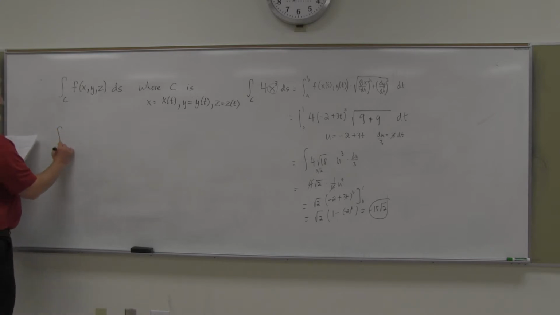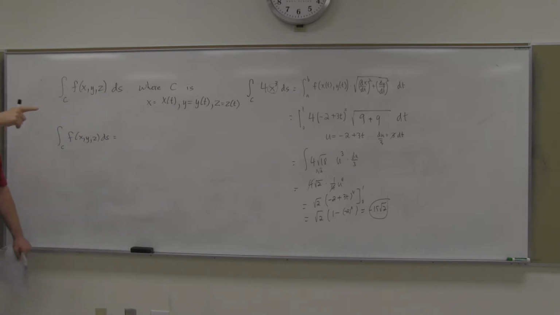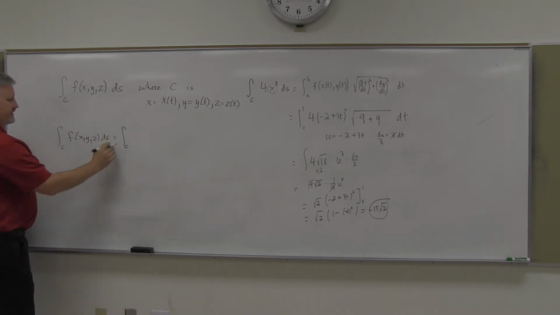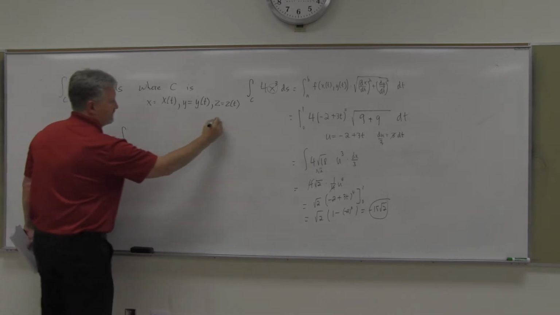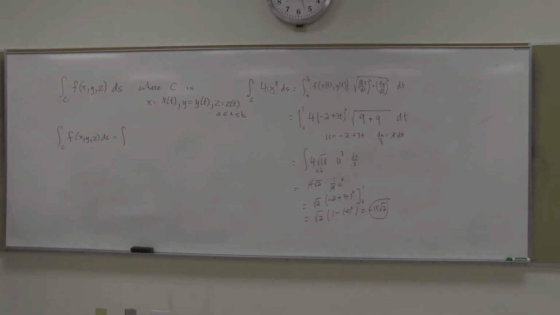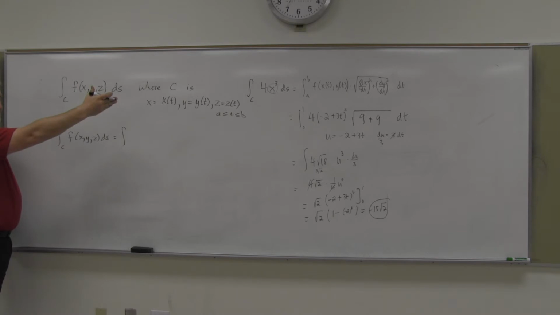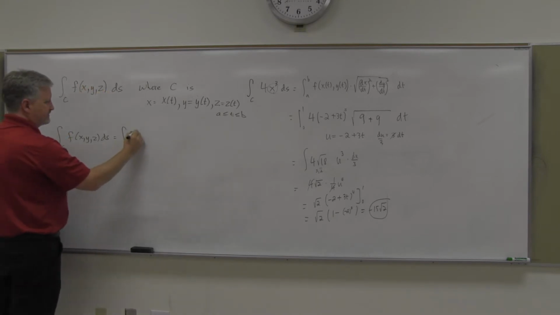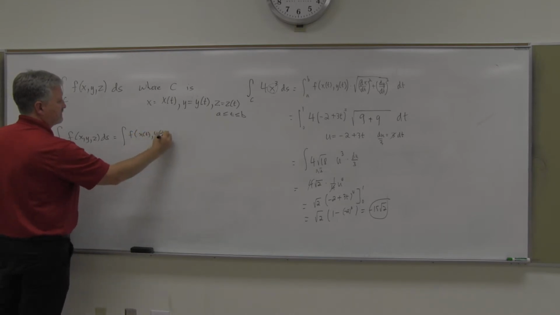In that case, we do the same thing as we did with the two variable situation. We're going to change, and then they'll also give your a and b for t here. You're going to do the very same thing. We change this part over to its parametric counterpart, so evaluate f of x of t, y of t, and z of t.